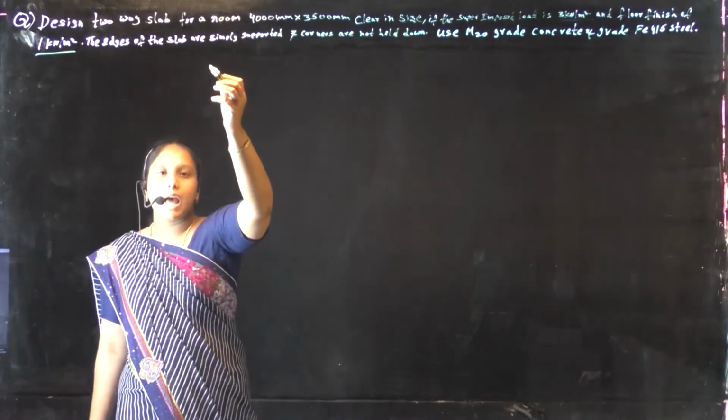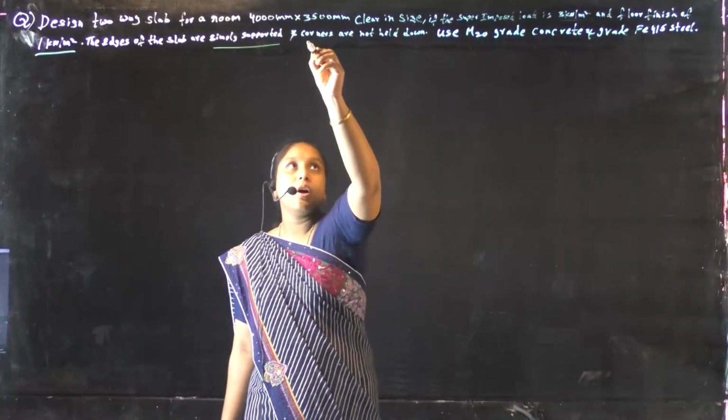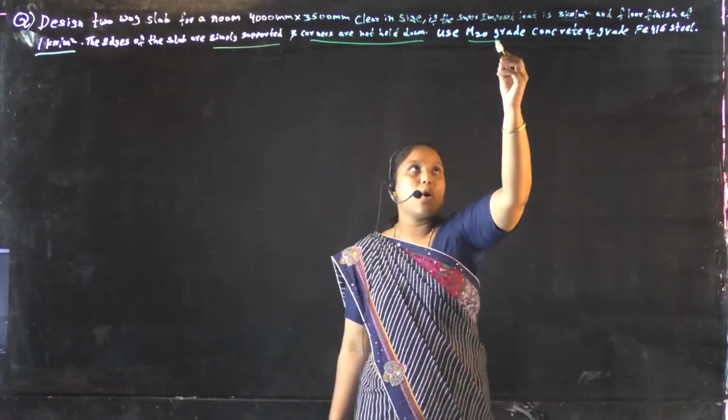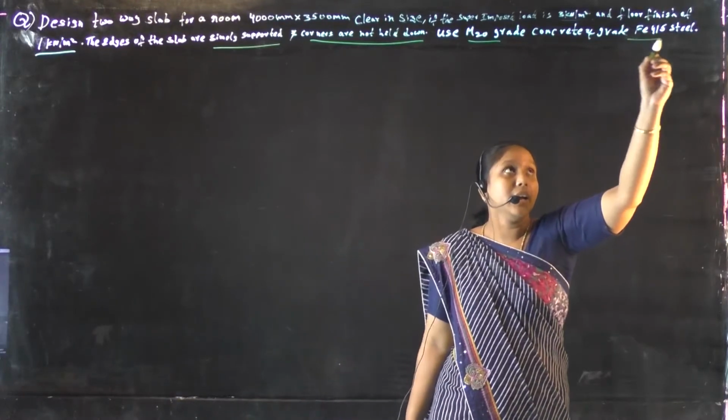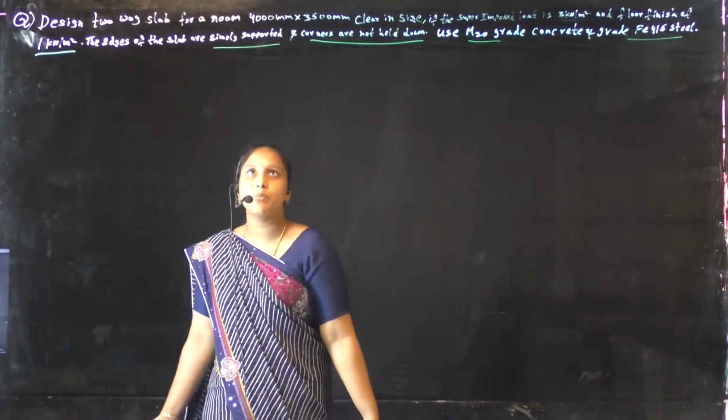The edges of the slab are simply supported and corners are not held down. Use M20 grade concrete and grade Fe415 steel. So here in the question what is being asked?